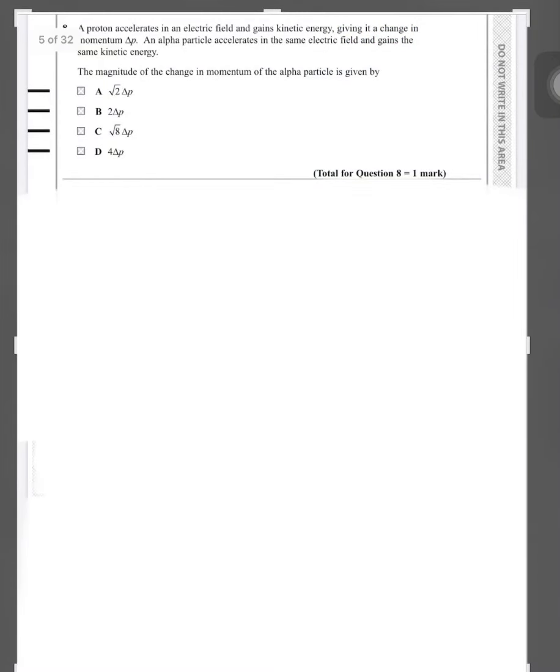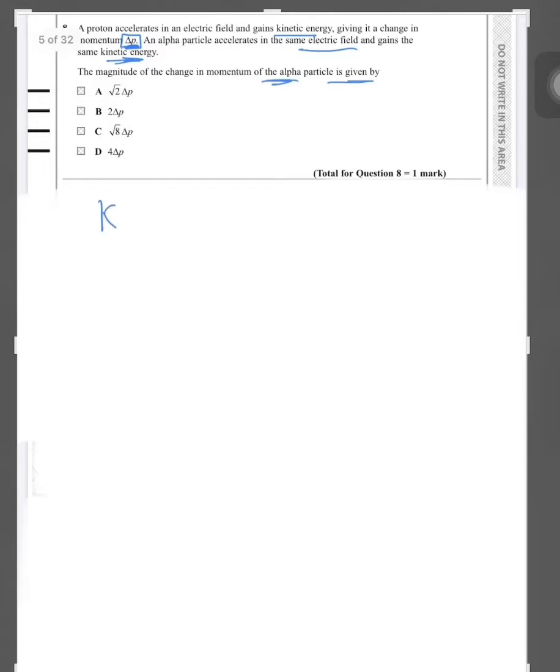Number 8. A proton accelerates in an electric field and gains kinetic energy, giving it a change in momentum delta P. An alpha particle accelerates in the same electric field and gains the same kinetic energy. The magnitude of the change in momentum of the alpha particle is given by. So we have to determine the change in momentum of the alpha particle with respect to the change in momentum of the proton.